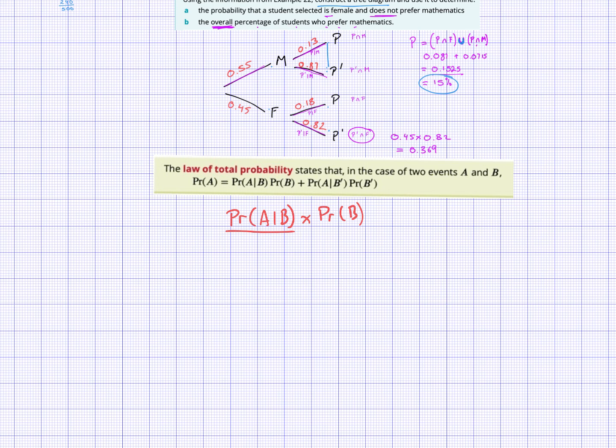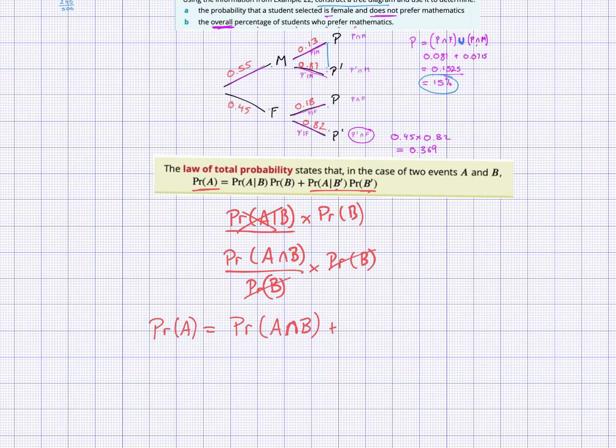Now remember that formula there, A given B, we could substitute this in over P of B, and if we then multiply it by P of B, you'll see that they just cancel out, and I'm left with P of A intersection B. Now A intersection B is that middle part of a Venn diagram, but if I want to find my chance of A, I need the rest of the crescent shape of the A circle, so I need to add in the not B part. So this will do the same thing.